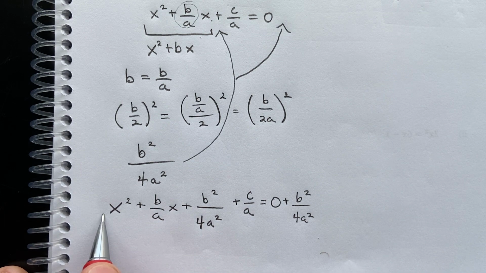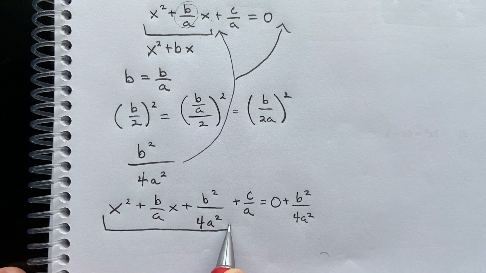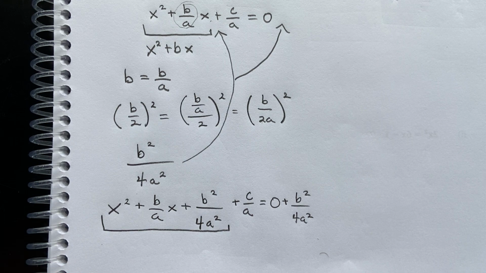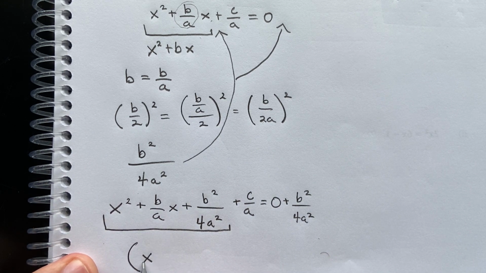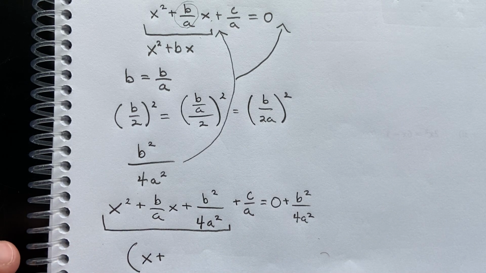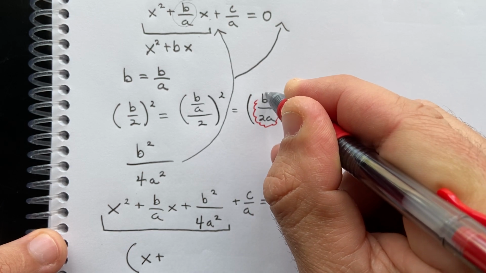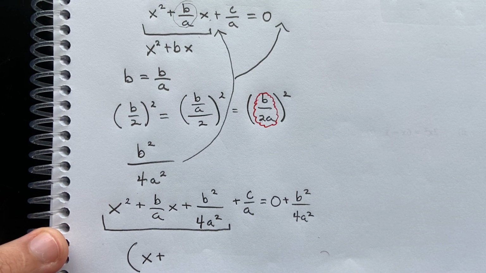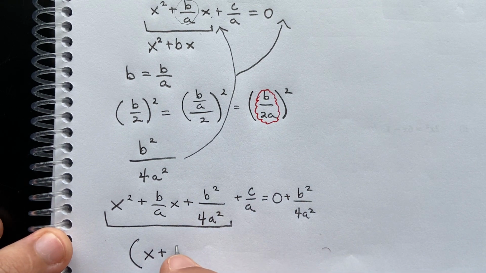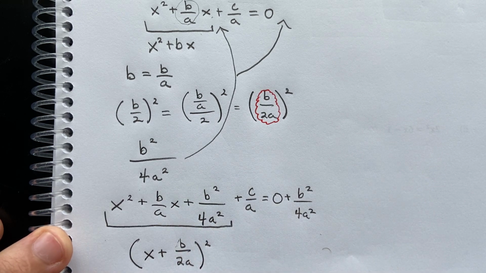So now this thing is our perfect square trinomial, and it will factor as x plus half of b all squared. So x plus half of b is right here before we squared it, right? This is half of b right there. So x plus half of b is x plus b over 2a all squared.